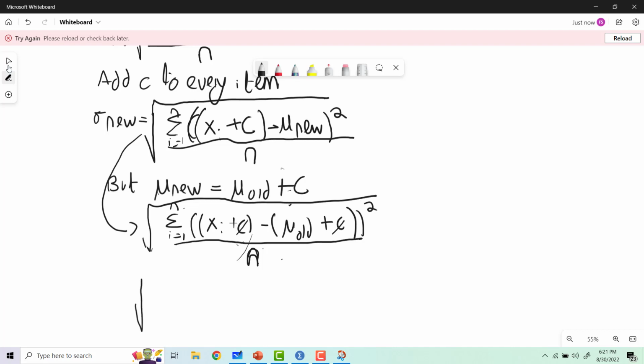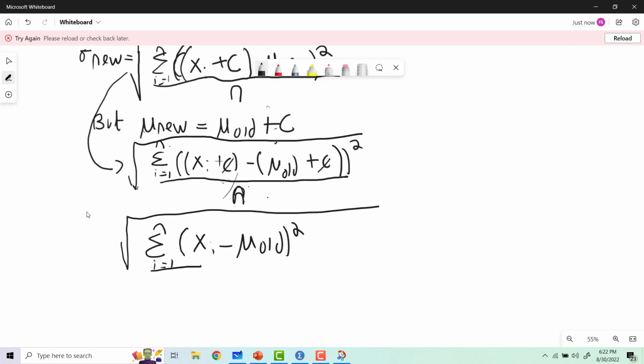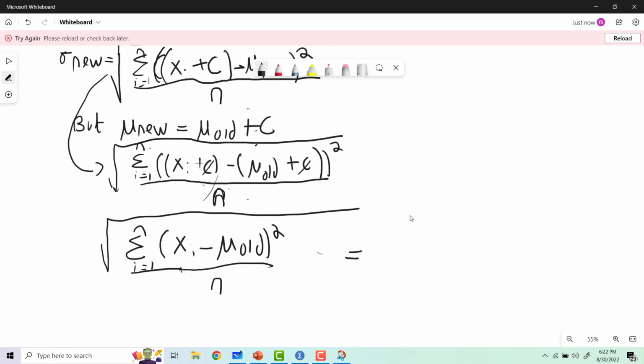So we're left with the sum from i equals 1 to n of (xi minus mu old) squared, all over n, which is basically, if we go back to where we were, our definition of sigma old. So it's basically equal to sigma old.